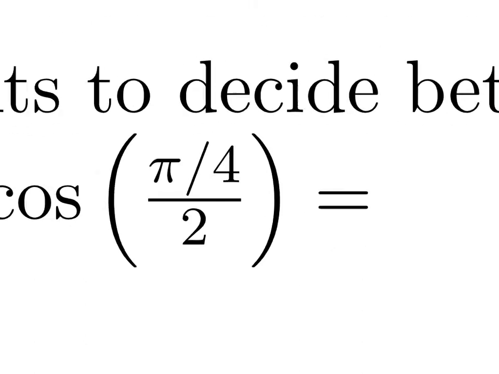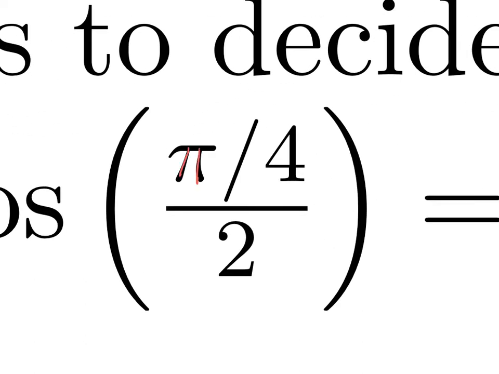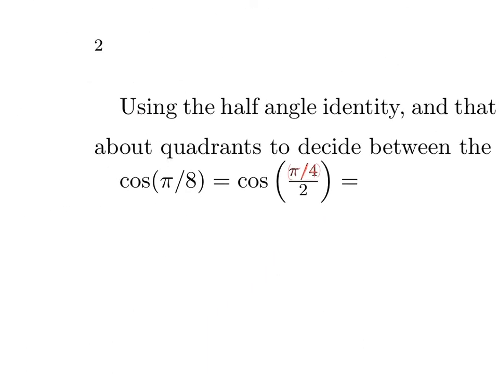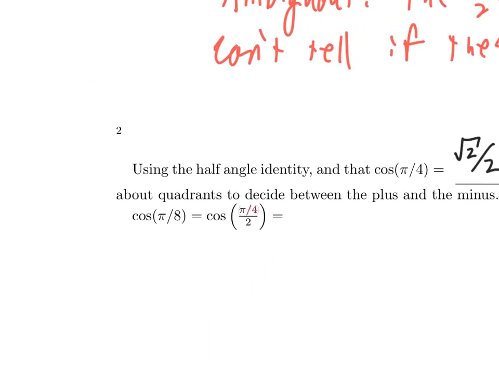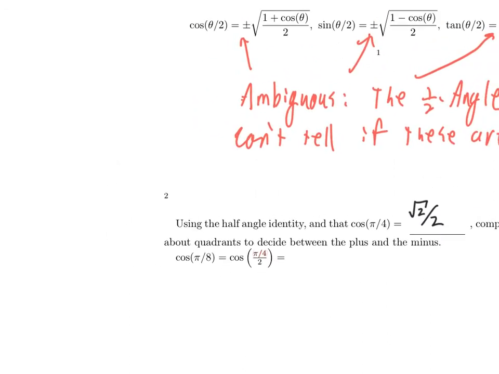and that is the cosine of, and I'll try to add some color coding here, pi over 4 in red, all over 2. So what am I going to do? I'm going to take this formula, and I'm going to plug pi over 4 in for theta.